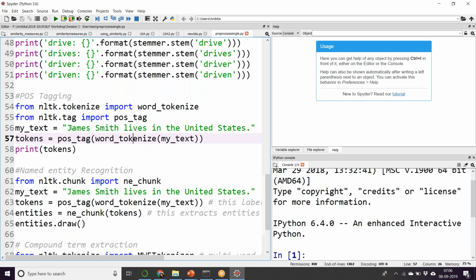See, there is a text: James Smith lives in United States. It's given. So we are applying a POS tag using the word tokenizer. It is going to identify what these individual words are according to their parts of speech, and that is what it displays.